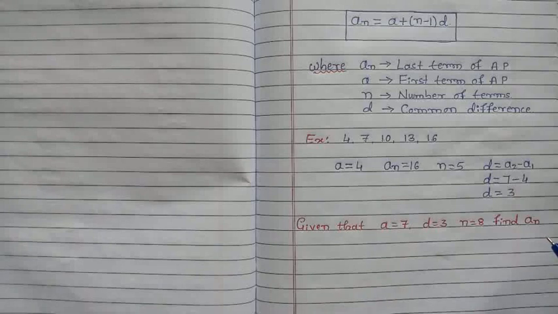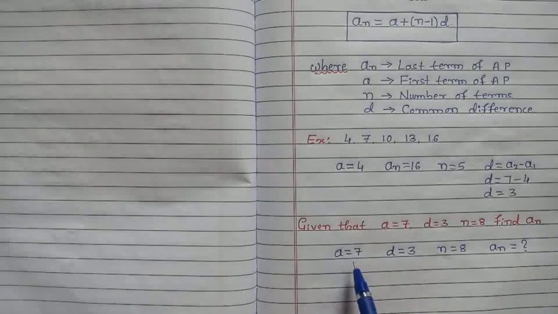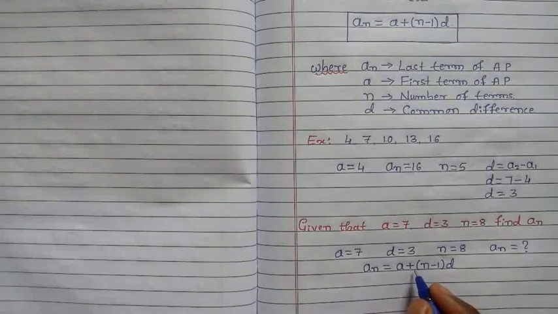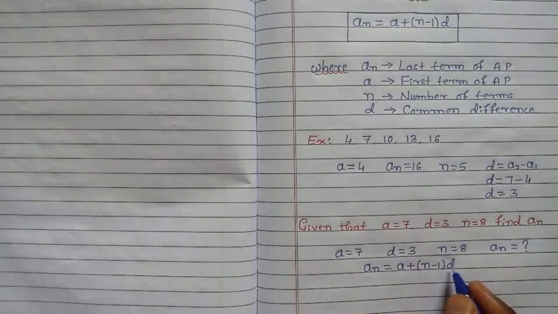Here we know a = 7, d = 3, n = 8, and an is the unknown. By using the formula an = a + (n - 1) d.